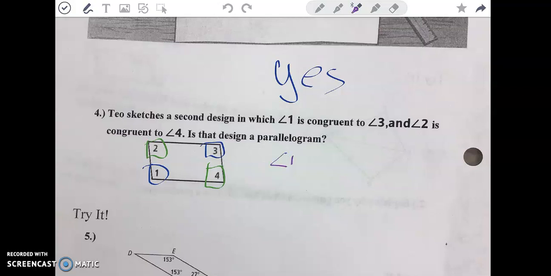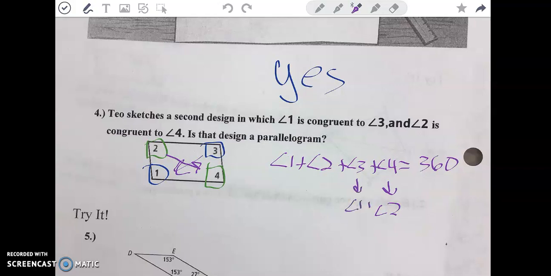We have angle 1 plus angle 2 plus angle 3 plus angle 4 equals 360, because that's the sum of the angles of a quadrilateral. We know that angle 2 is the same as angle 4, so we can substitute to make this angle 2. Angle 3 is the same as angle 1, so we can substitute that one to be angle 1.